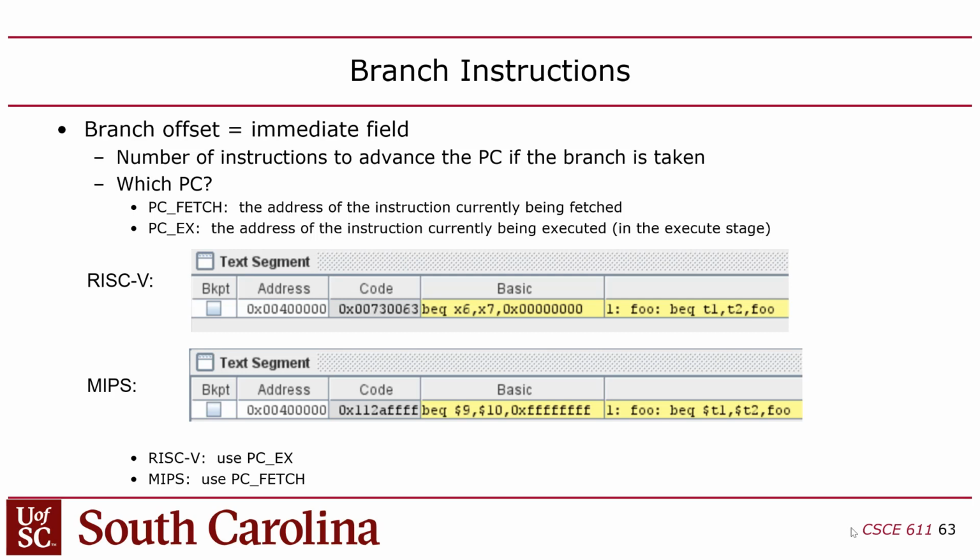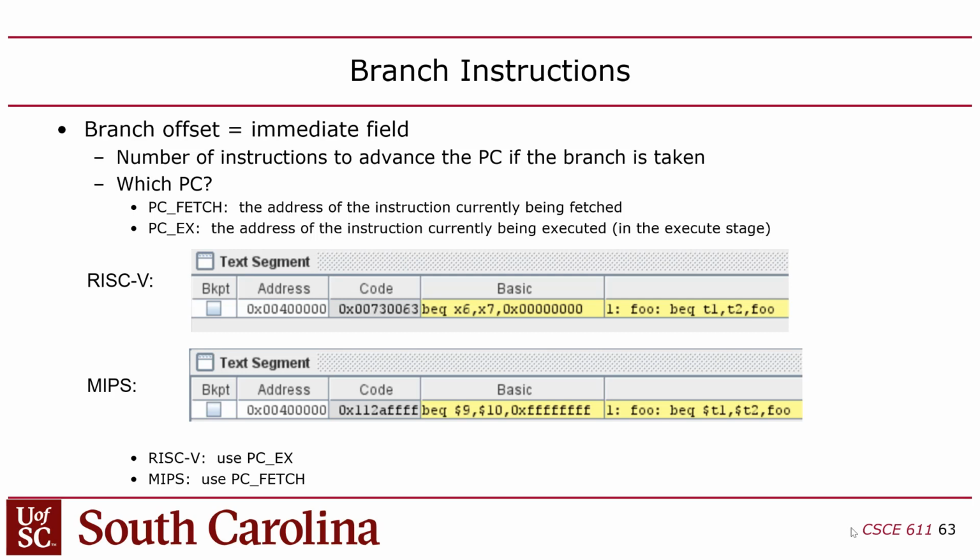You just say branch to foo, and then you say foo:, right, done. But in the machine code, in order to address foo, the address of that label, which is an address of an instruction that you want to branch to, is converted into a PC relative address, which is basically how many instructions up or down you have to go to get to foo relative to some reference point in your code, right? Now, what is the reference point?